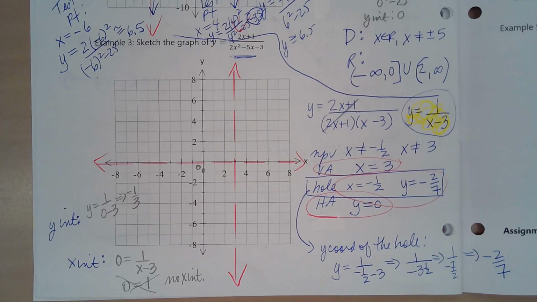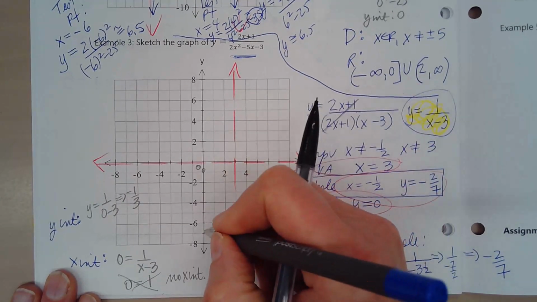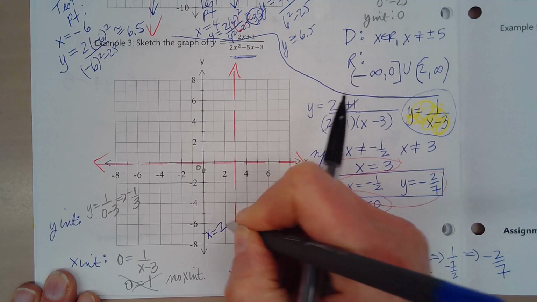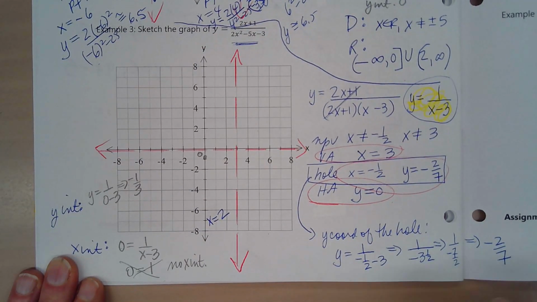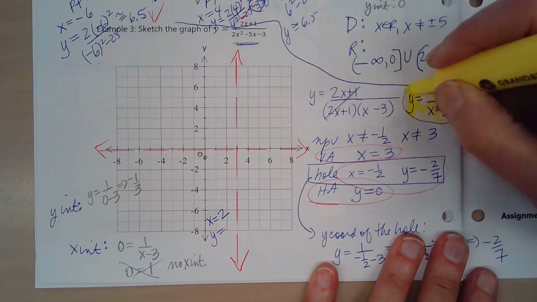We could do another test point. If you wanted to do another test point, I would do something like 2. If I did a test point x equals 2, just to reassure myself, y would equal, again, I'm just using this version, the simplified version.